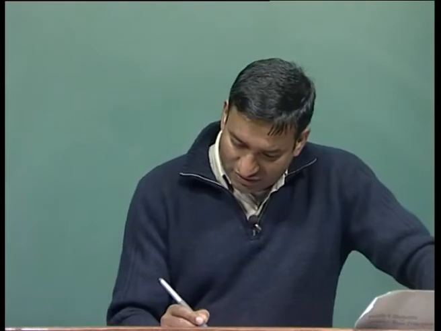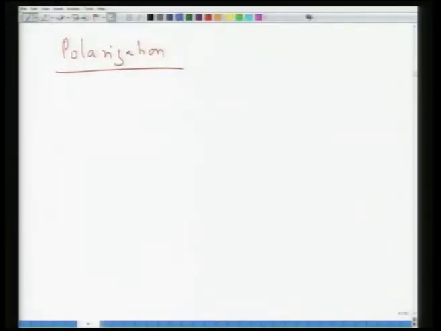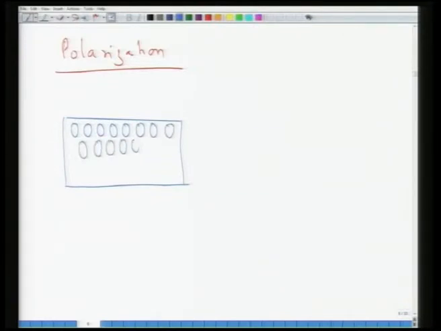So, let me draw a schematic of a material which is, let us say, polarized. You have this schematic material in which you have segments where polarization is taking place.